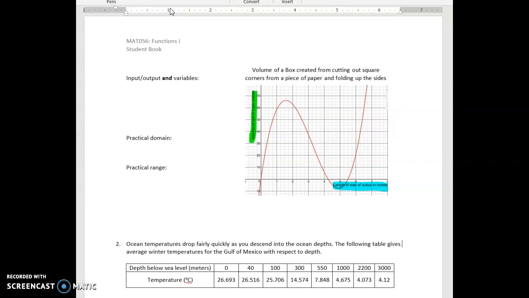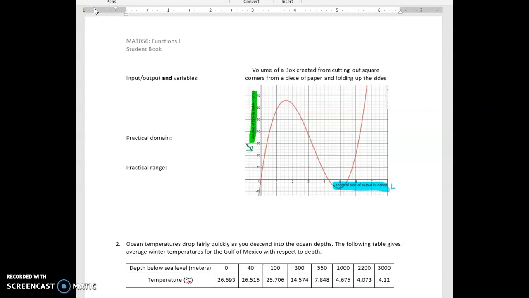And so this is a volume of a box, created by cutting out square corners from a piece of paper and folding up the sides. So we need to know the length of the side of the cutout in inches, and we're going to name this L, and the volume of the box in cubic inches, and this is going to be, how about V?